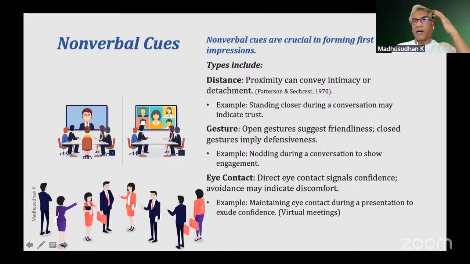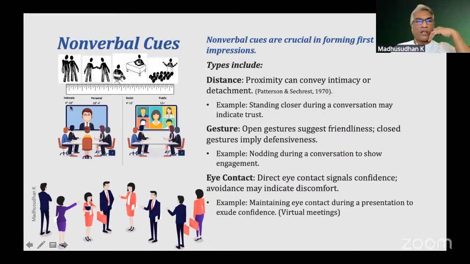I'll show you here and you will understand. Up to 18 inches is intimate, very close friendship. The person who trusts you more stays very close to you and talks to you. They are like family, friends, close relatives, children whom you trust. That is 0 to 18 inches or maybe 2 feet.